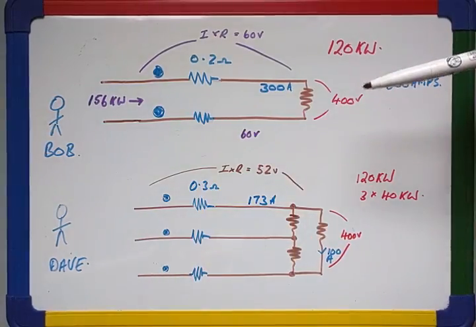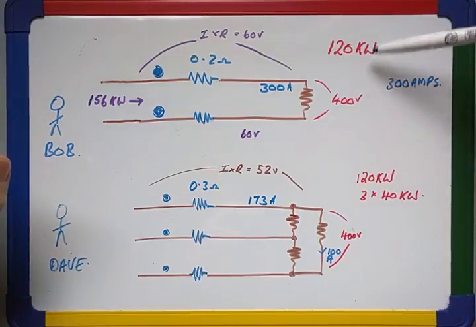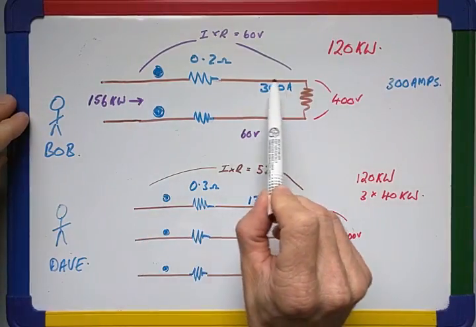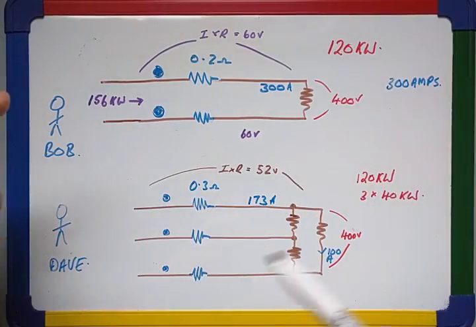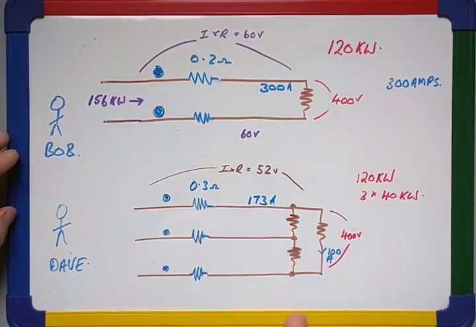So at the minute, these two systems look fairly similar in the sense that they're both delivering 120 kilowatts. Okay, we've got 60 volts being dropped in the supply line here and 52 here, not that much of a difference. However, here the actual current flowing in the line is a lot lower than in the single phase system, and it's the implication of that that's important.